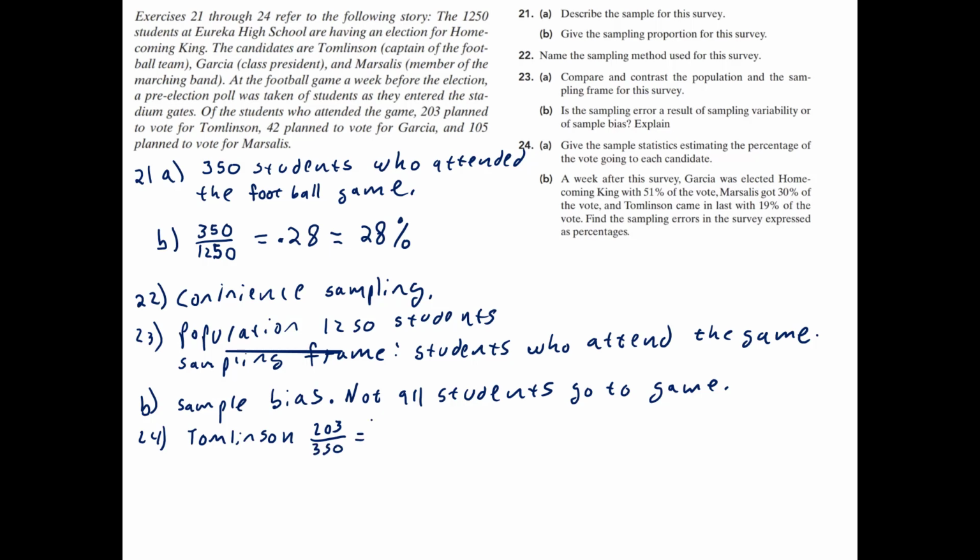So from this sample, we would expect that 203 divided by 350, that 58% of the people would vote for Tomlinson. But again, if you just pay attention, he's the quarterback of the football team, and you asked people at the football game, so it's not surprising that he's going to have a high number of people voting for him, especially if he's having a good season.